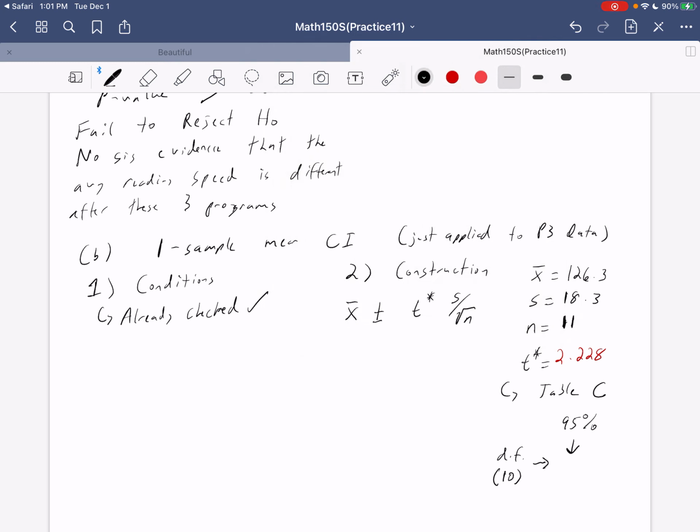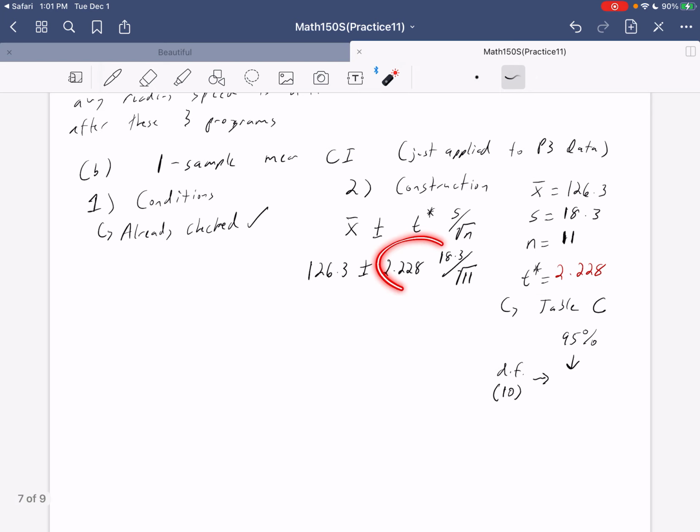Let's go ahead and plug all that stuff in. 126.3 plus or minus 2.228 times 18.3 divided by square root of 11. We'll go ahead and calculate that margin of error first. So 2.228 times 18.3 and then divided by square root of 11.